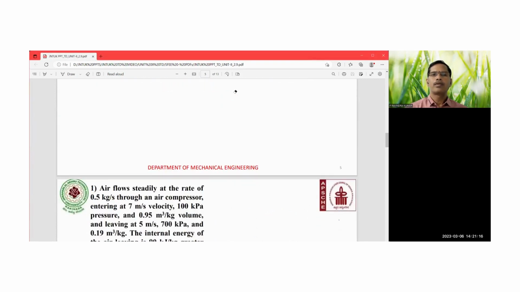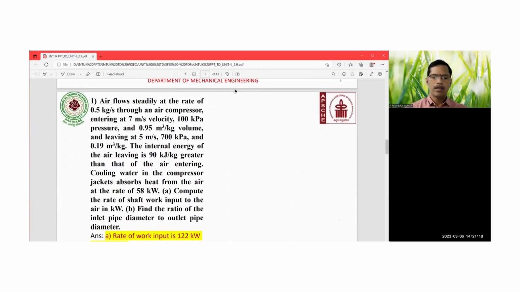Now come to the problems. There are problems here, so look at them one by one. The first question: air flows steadily at the rate of 0.5 kg per second through an air compressor.